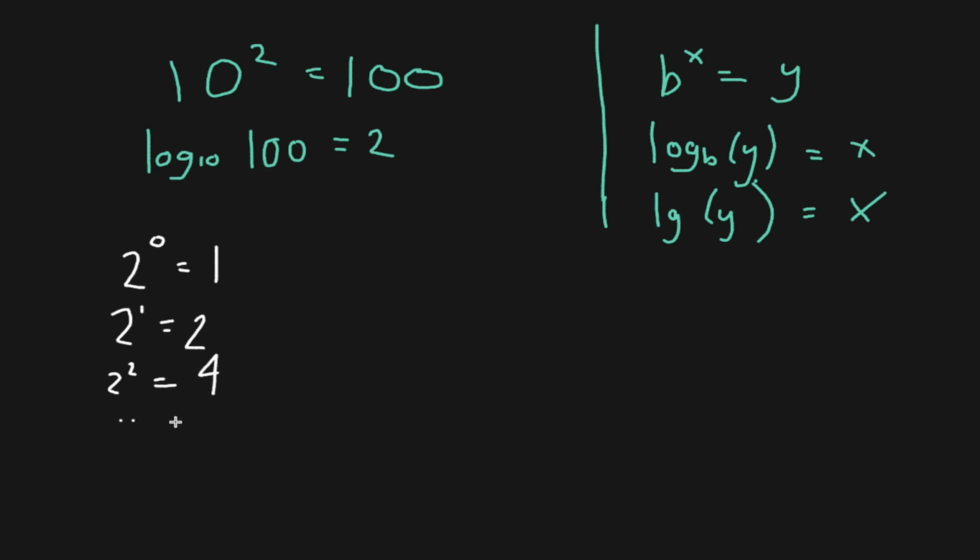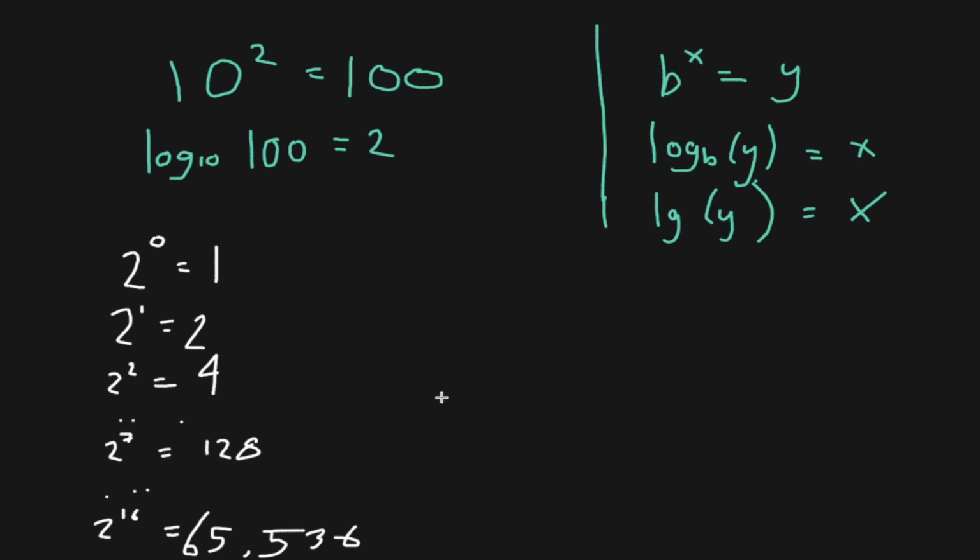And if we continue on, let's do a couple more. 2 to the power of 7 is going to equal 128. And then if we do one more, 2 to the power of 16, that's going to equal 65,536. So hopefully I haven't lost anyone so far.